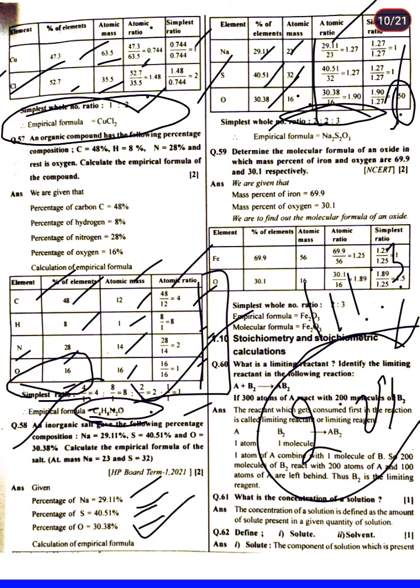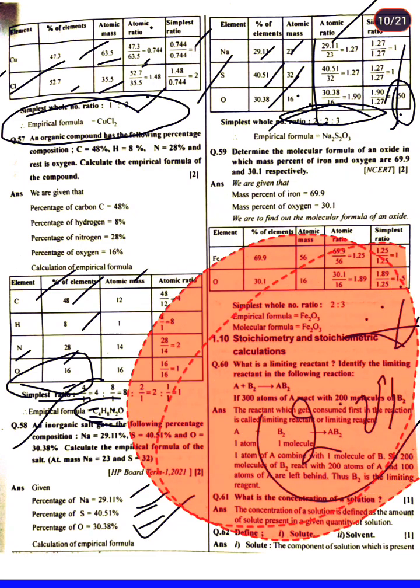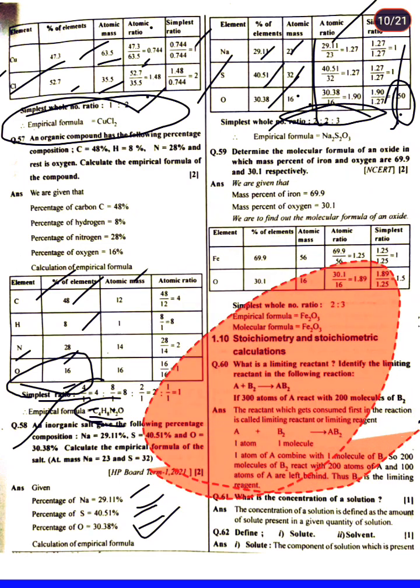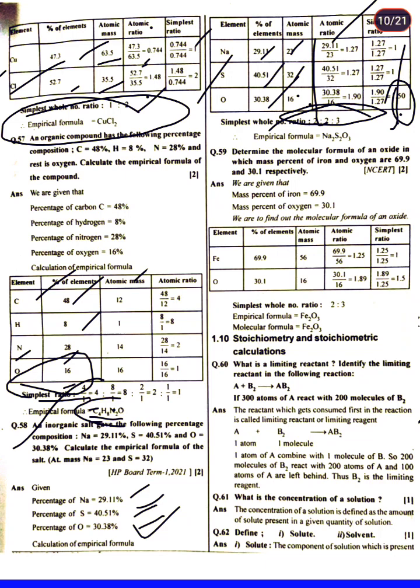Okay. So next is to determine the molecular formula of an oxide in which the mass percentages of iron and oxygen are respectively 69.9 and 30.1. Okay. Atomic masses are 56 and 16, and the atomic ratio can be calculated, that is 1.25 and 1.89.